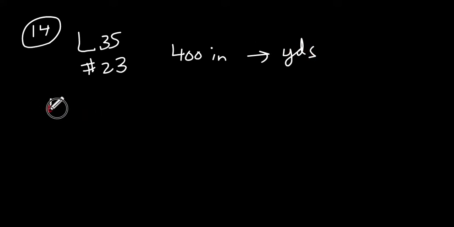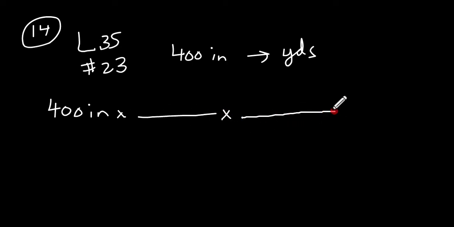So right away, we have our inches, and we're going to convert those into yards. Remember, we make our units diagonal, so that's going to be inches, and we're going to go into feet and feet down here. And then we have 12 inches in 1 foot. We have 3 feet in 1 yard.